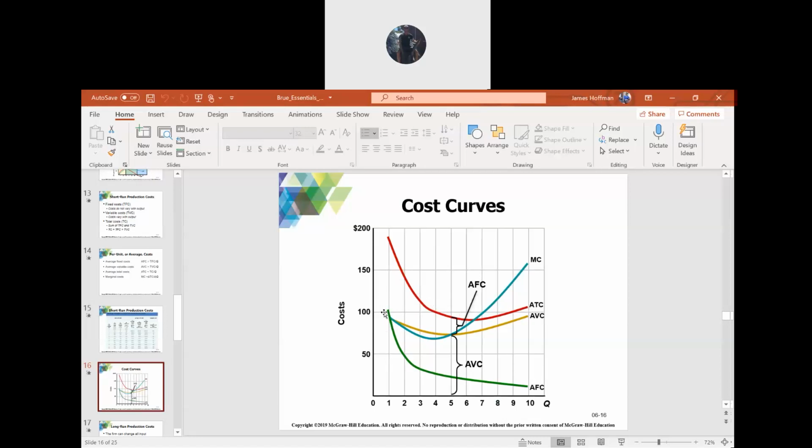Like if you're looking at the restaurant example, if you spend all that money on the fixed cost and only produce one pizza or one burger, whatever, then your average fixed cost is super high because you haven't produced much depending on the total cost.